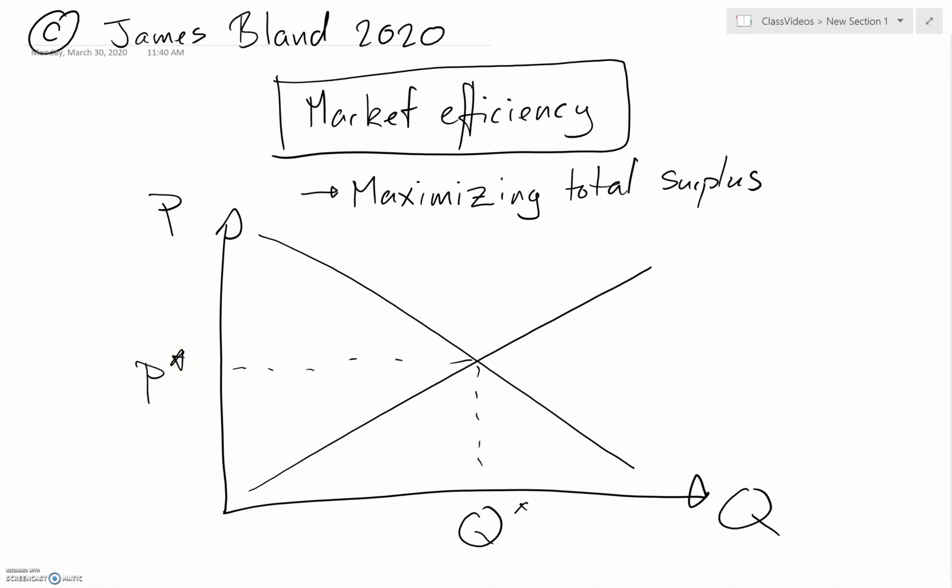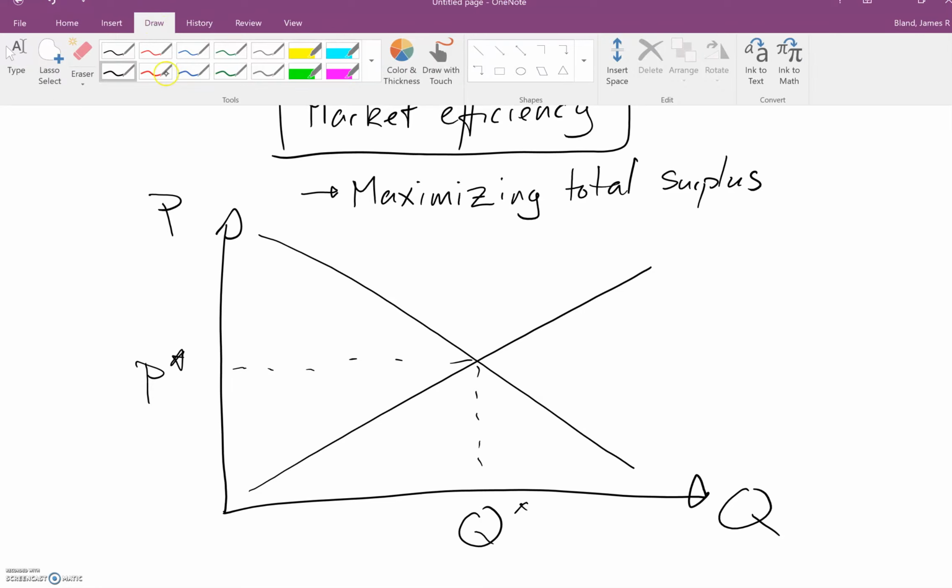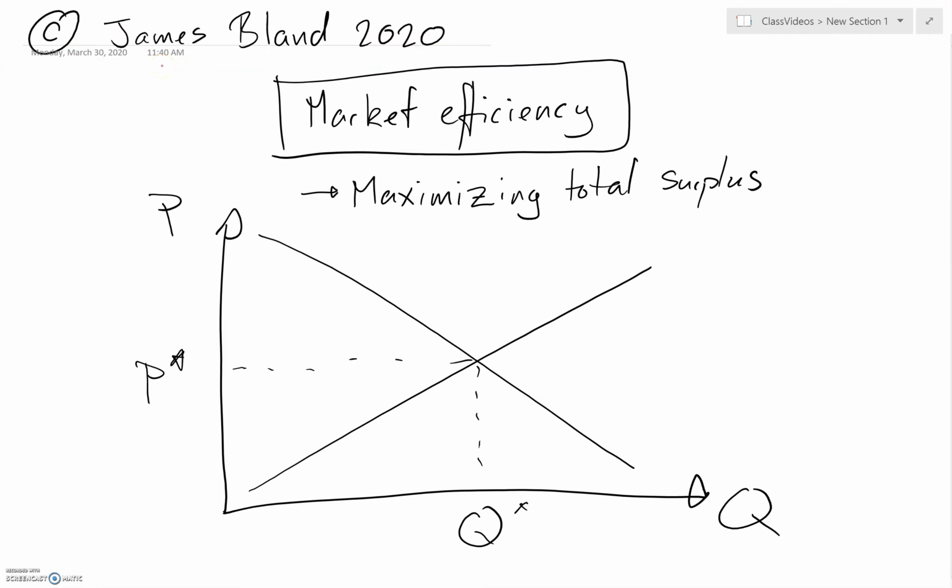In equilibrium, the benefits that consumers get out of participating in a market is equal to the area between the demand curve and the price that consumers pay, which, since we don't have any taxes here, is just equal to the equilibrium price.